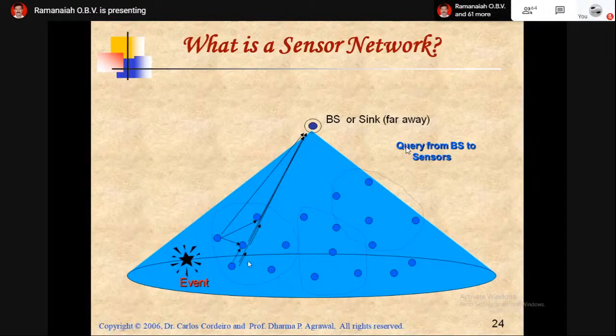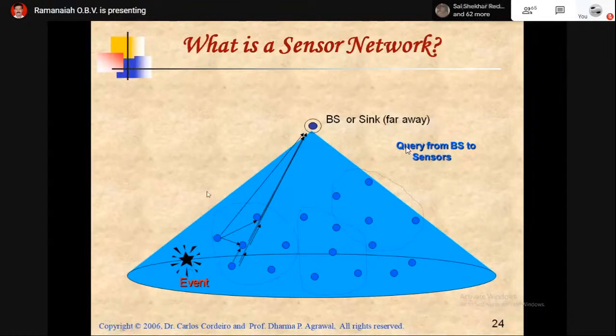At some nodes, this query has become valid. That is, suppose these are the sensor nodes meant for surveillance, right? Detection of some event. If it is a battlefield application, a soldier crossing the LOC is an event.